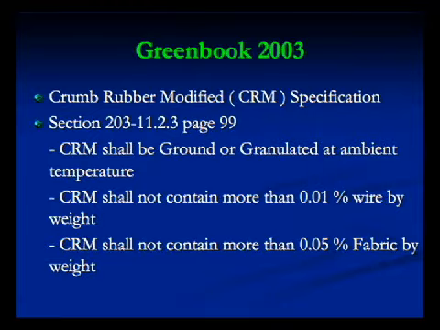They do not allow cryogenic rubber. Crumb rubber modifier shall contain less than 0.01% wire by weight. Crumb rubber modifier shall not contain more than 0.05% fiber by weight.